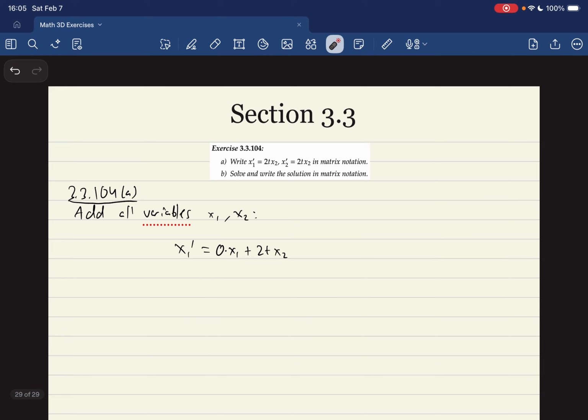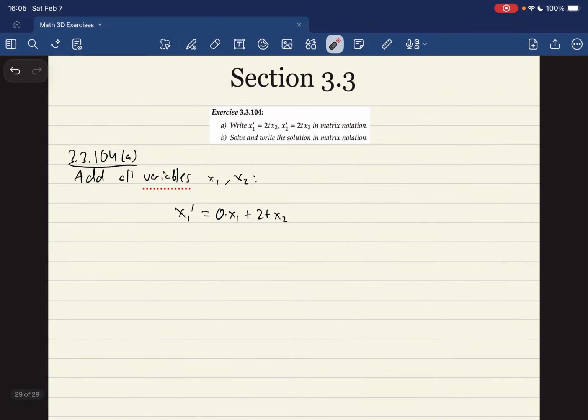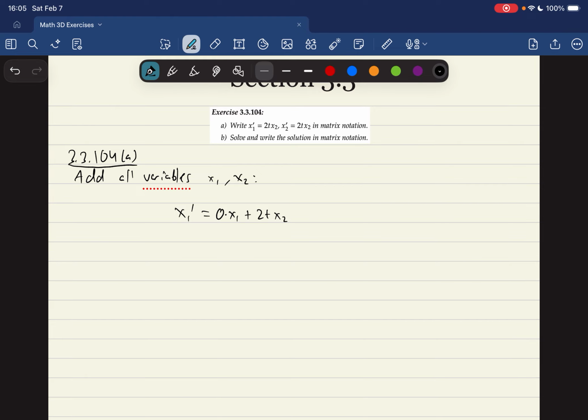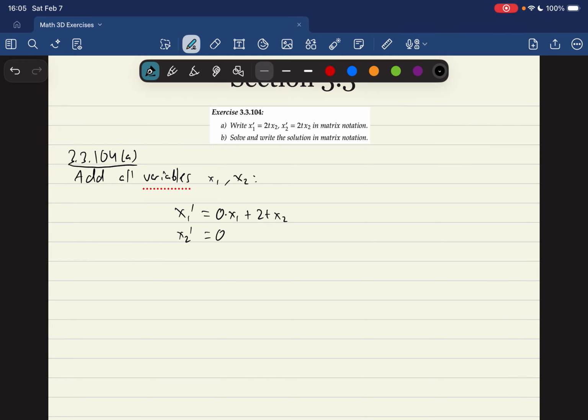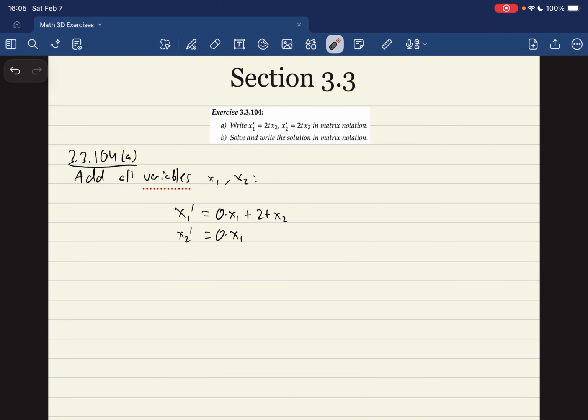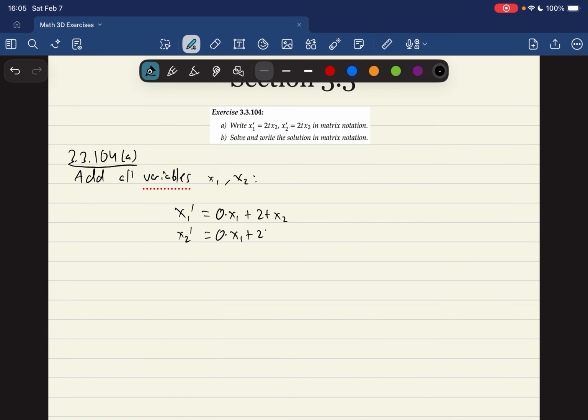This is the same as the original equation here because 0 times x1 is just 0, so we're not changing the values of either side. Similarly, I can take the second equation, x2 prime, and we're missing the x1 here too, so I can do 0 times x1, adding in this variable x1, and then add in what's left, x2.